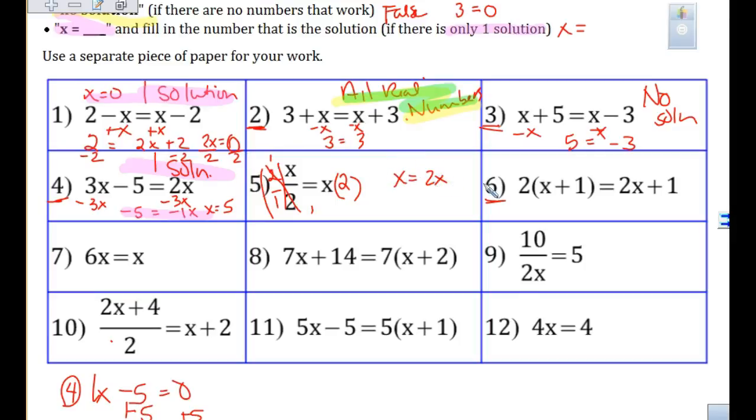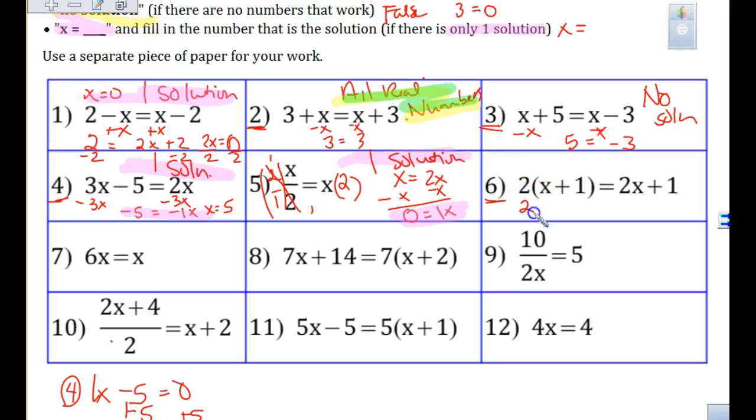The most common answer I'll get at this point is that there's no solution. But if I subtract x from both sides, I'm left with 0 equals 1x. That means I have one solution, right? The one solution is that x equals 0. So there is one solution, okay?